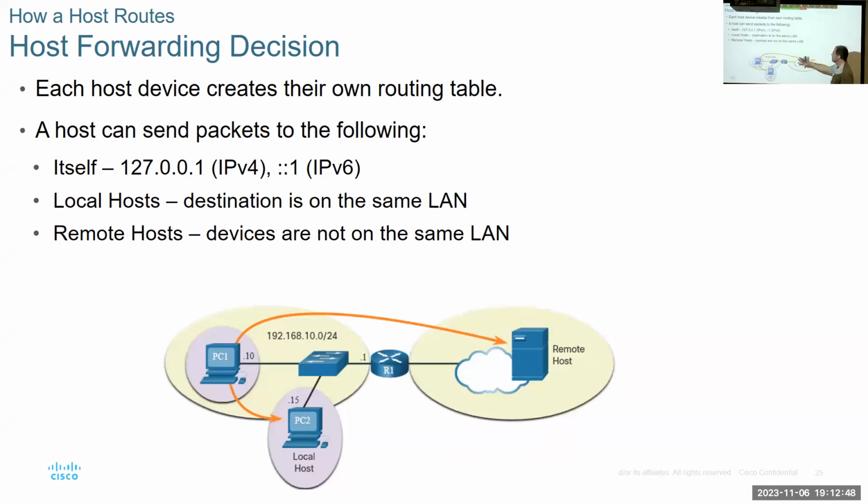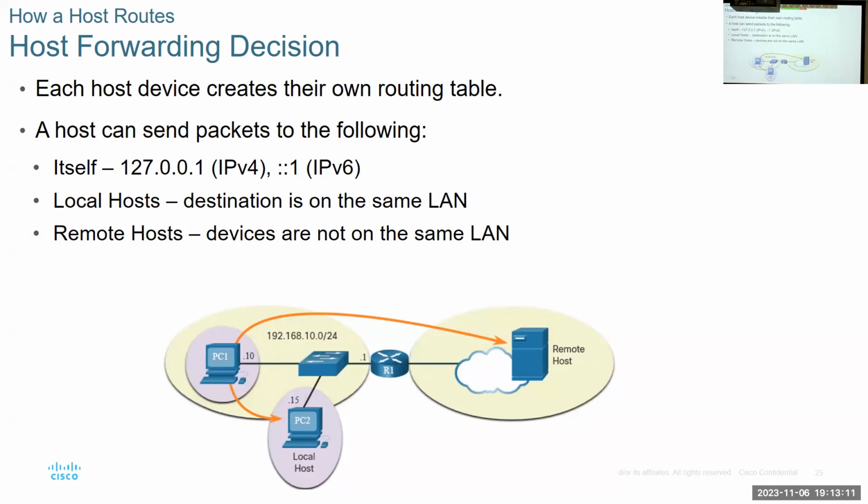So those are the three possibilities, and it determines where to send them by looking in the routing table and seeing what the routing table says to do. So it doesn't really have to do much calculating or thinking for each packet. It just looks in the routing table, and the routing table has it covered.